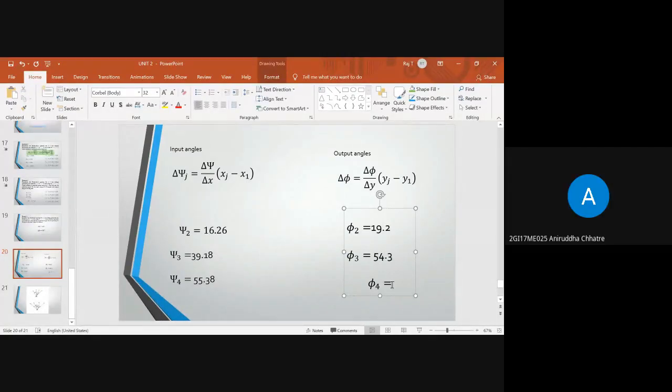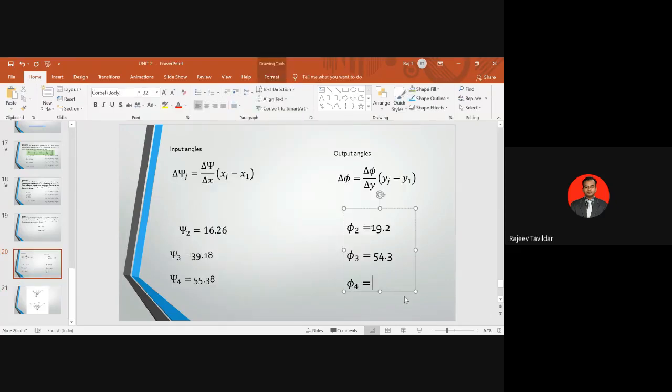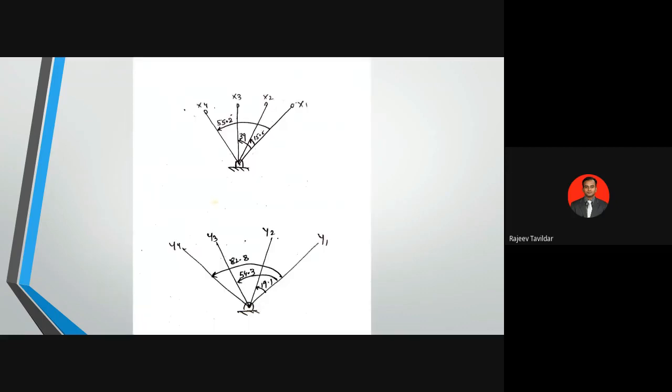So 53.5 I've got. Okay, and phi 4 is 83.1. Okay, 83, so I'll take that. So these are the angles that we are getting. I'm extremely sorry for that confusion. I did not tell you how to get that delta y. So once you get these values, this is how we are going to represent it.